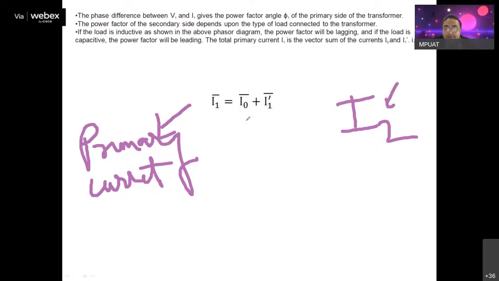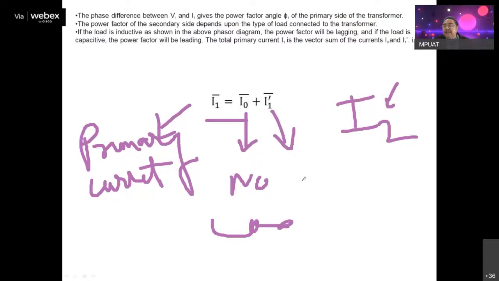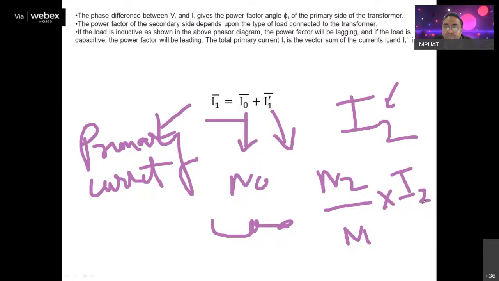So the primary current is nothing but phasor sum of no load current, I0, and I1 dash, that is the primary counterbalancing current. I1 dash is also equal, magnitude wise, to N2 by N1 into I2. If you understood this thing, I think there will be no problem in drawing the phasor sum.